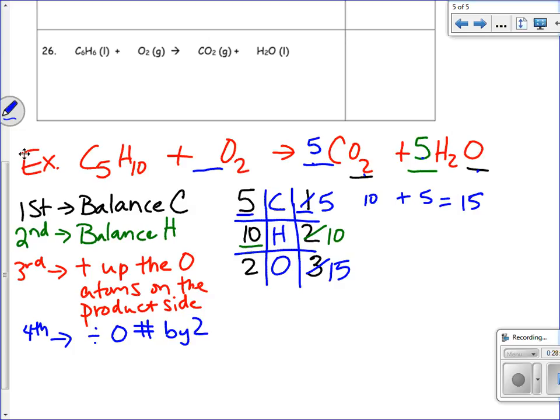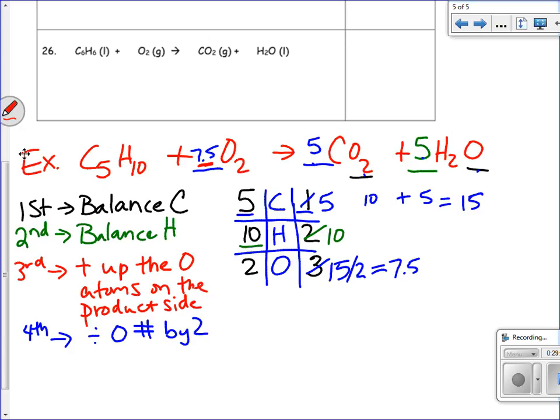So if I divide this by 2, what do I get? 7.5. Okay? So 7.5 is not a whole number. And yes, that's a problem, but I'm going to stick it over here just for now. Does everybody see, though, that 7.5 times 2 would give me 15? Right? Does that make sense?